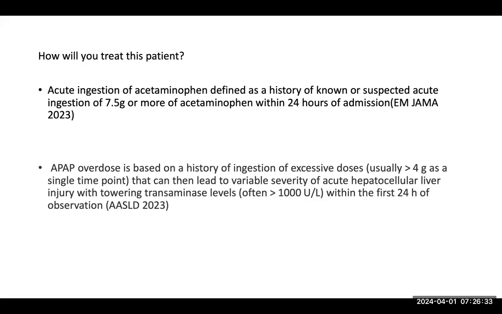I'm not sure of this question, but I know that the highest dose we give is 4 grams. So when I saw the guideline and it said greater than 4 grams, I don't think we give greater than that. I don't think anybody gives greater than that. So I think they paired this greater than 4 also with transaminase levels.